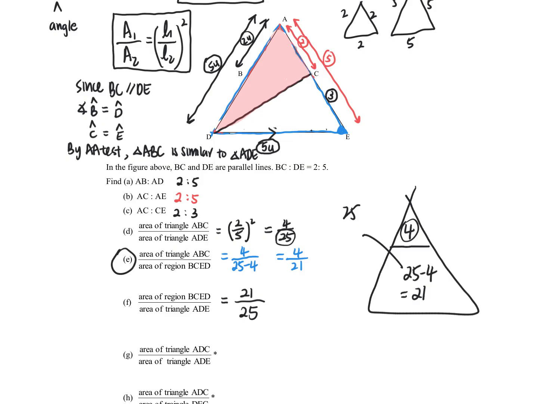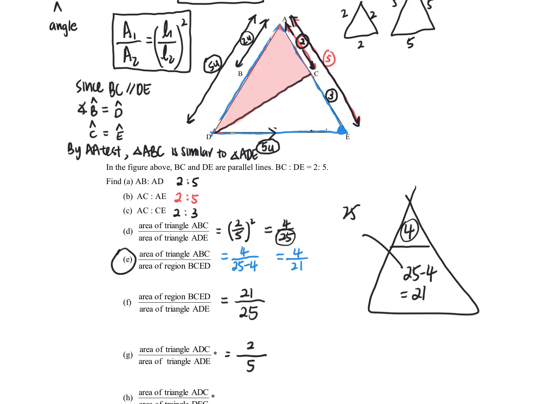If it's triangles with common height, what is the area of the red one? 2 units. What is the area of the whole thing? 5, by area ratio.